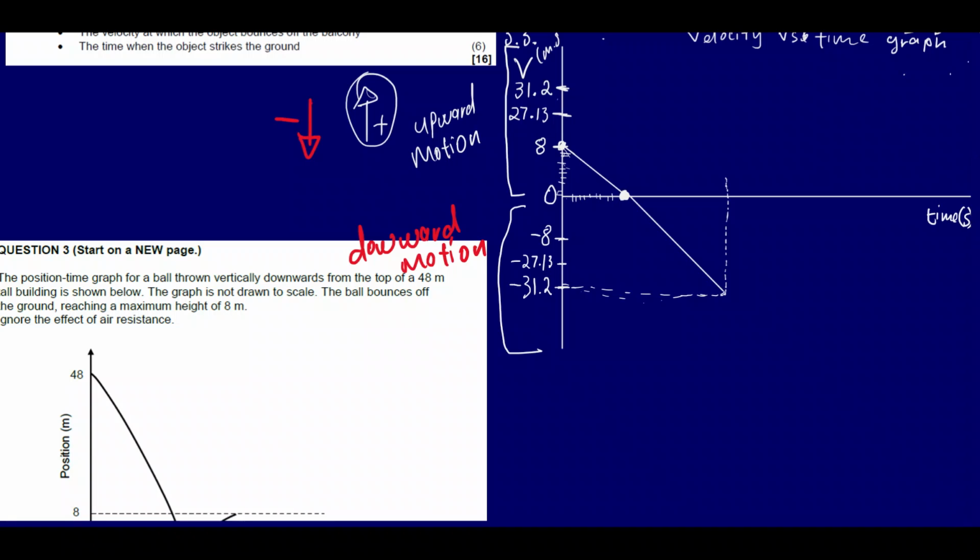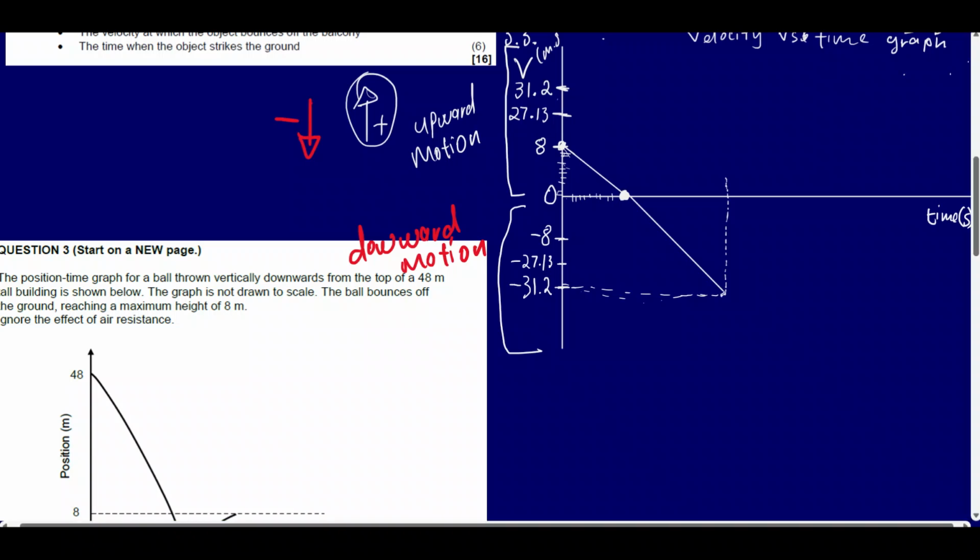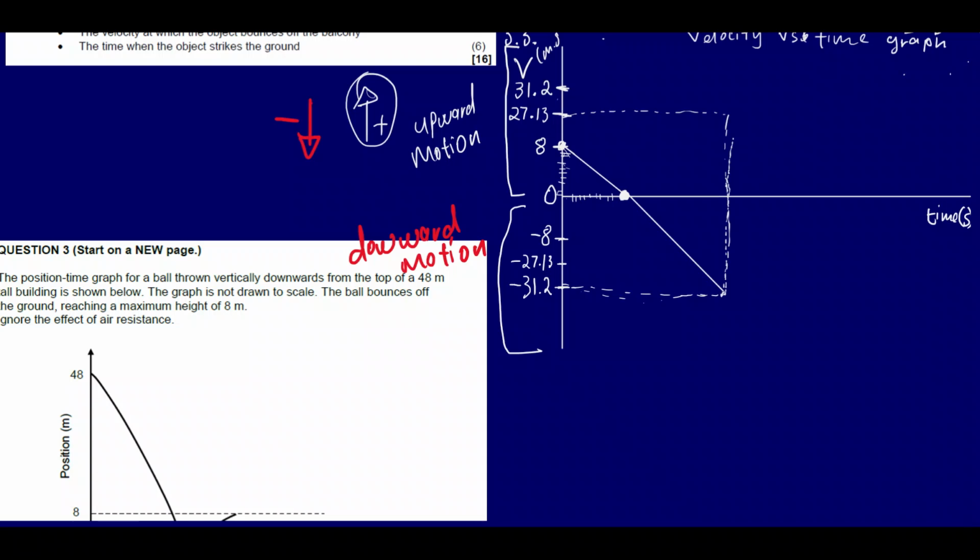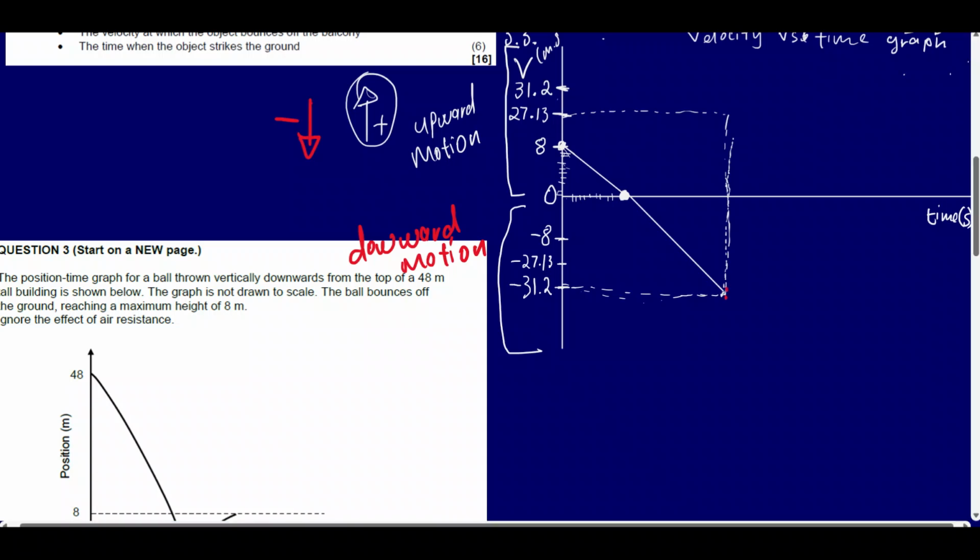We're going to draw some dotted lines going up on our graph, and we will do that until 27, because we just want to indicate the part where the graph was in contact with the ground.